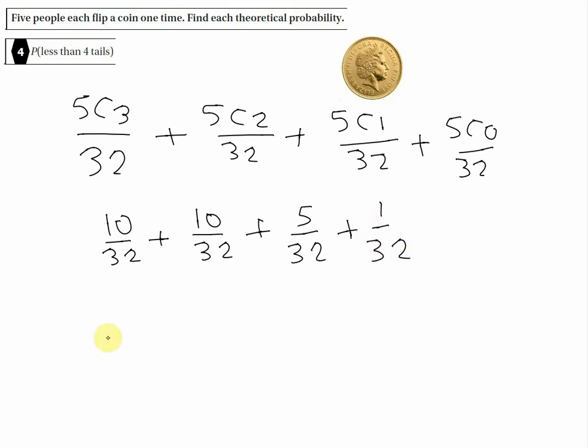This means 10, 20, 25, 25 plus 1, 26 over 32, which could be reduced to 13 over 16. Again, we can multiply by 100% to put it as a percent, and we can convert it into a decimal, but we can leave it also. 13 over 16 we accept.